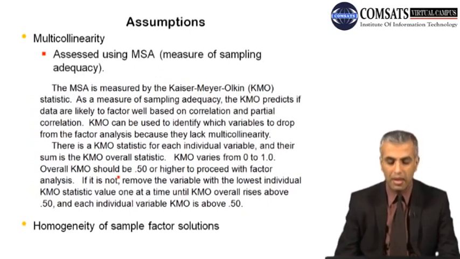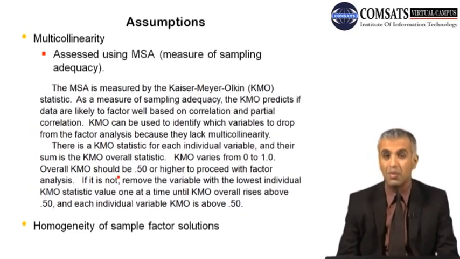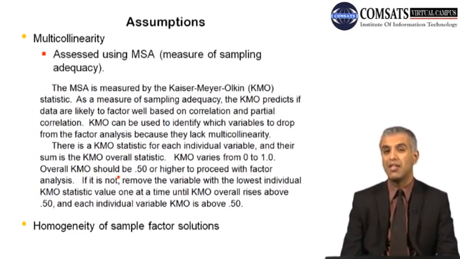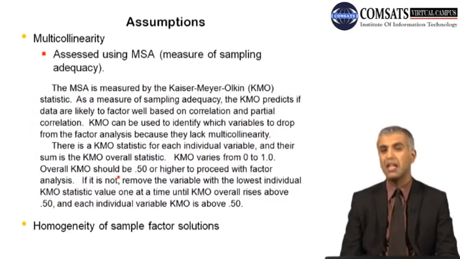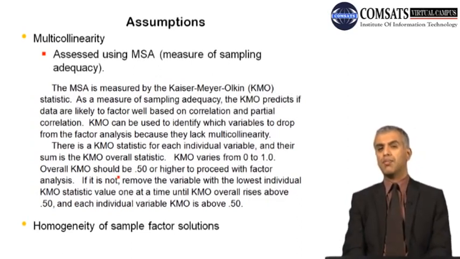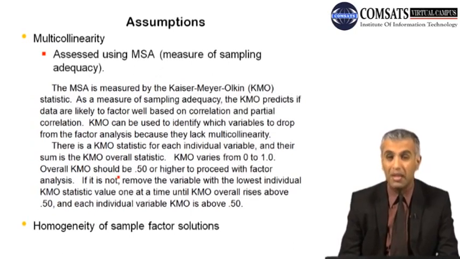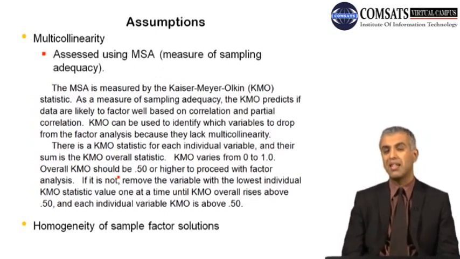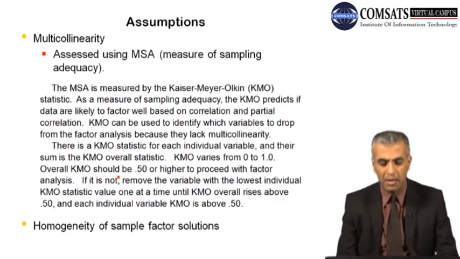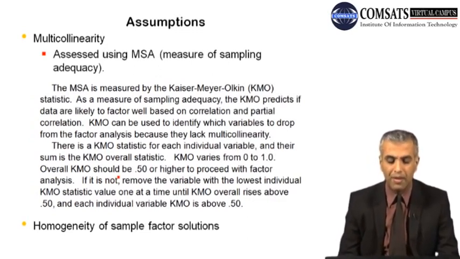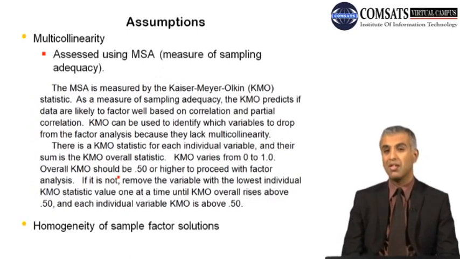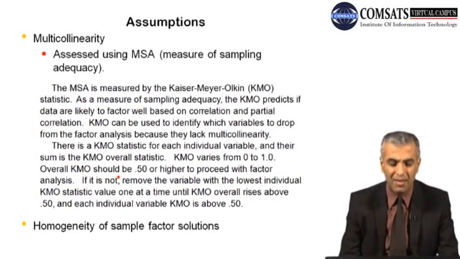If it is not, then we have to look at the individual KMO statistic values, and the variable or item having the minimum KMO value will be removed, and then the whole KMO would be calculated again. It is also important that every individual variable KMO be above 0.5. So the KMO has been extensively used in factor analysis.